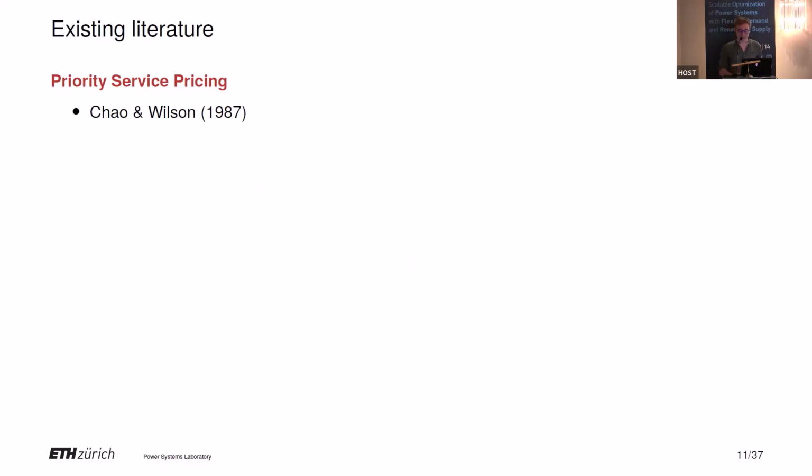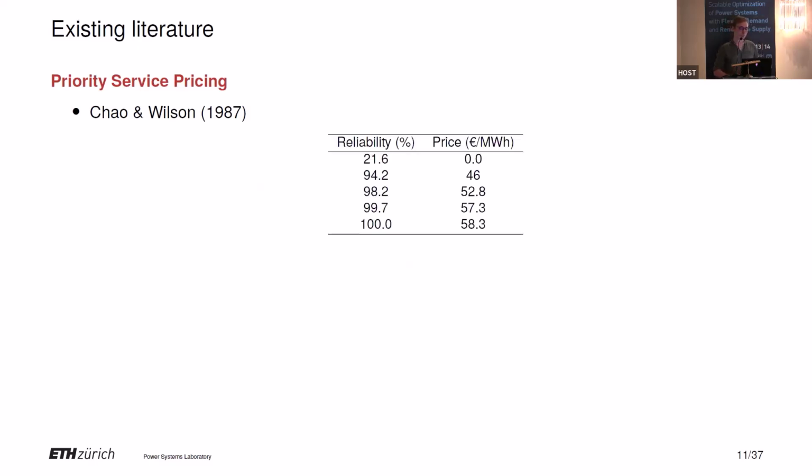80s, where the idea is that you submit a menu to the consumers, where they're able to choose a certain capacity with a certain reliability. And if you choose a lower reliability, you're going to have a smaller price.